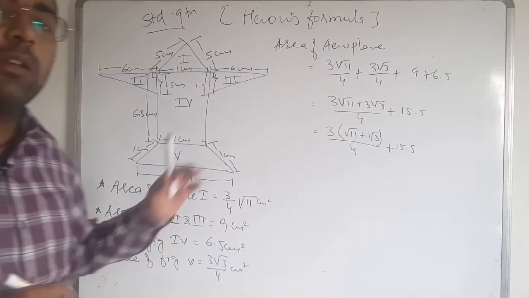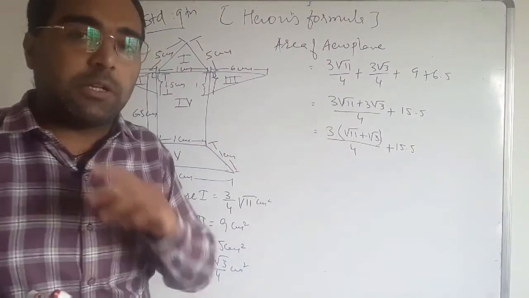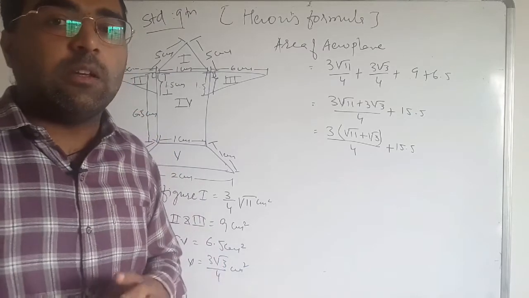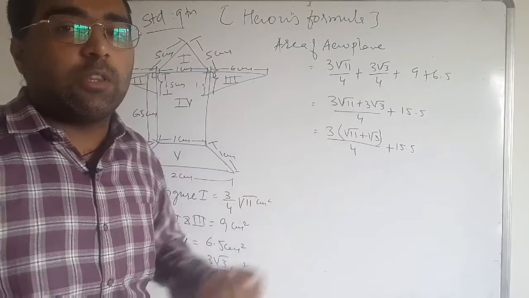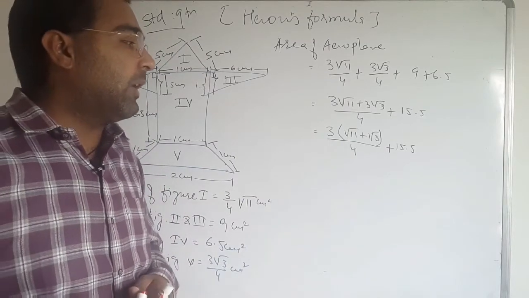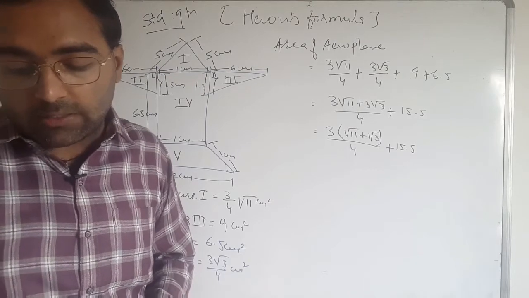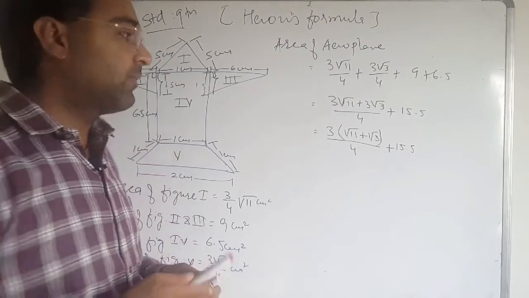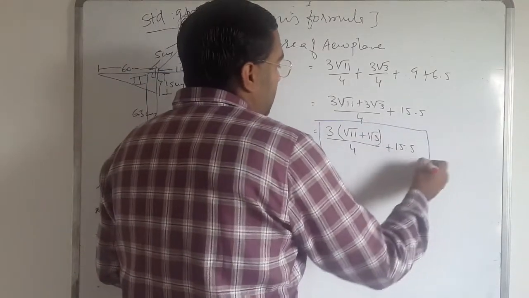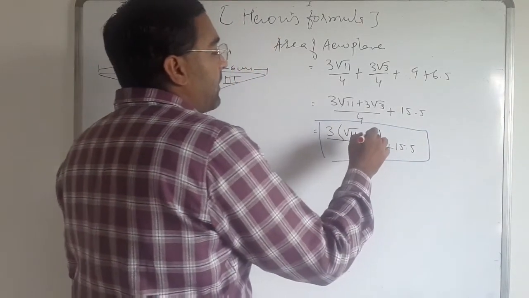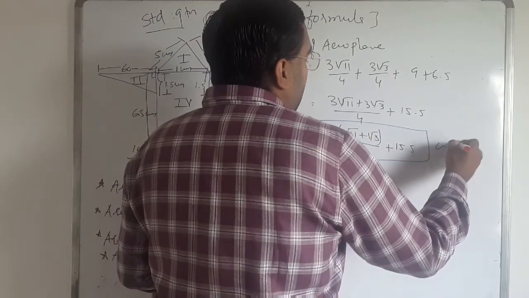If you want to find the values of root 11 and root 3, you can also go for it. The approximate value I told you is 19.29. My answer is 3 into root 11 plus root 3, by 4, plus 15.5 centimeter square.